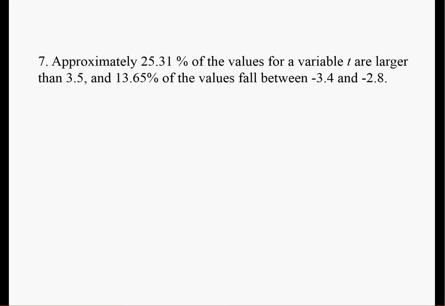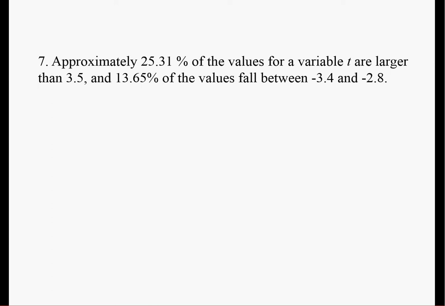Question number 7. Approximately 25.31% of the values for a variable t are larger than 3.5, and 13.65% of the values fall between negative 3.4 and negative 2.8. Now, this is a kind of loaded question.